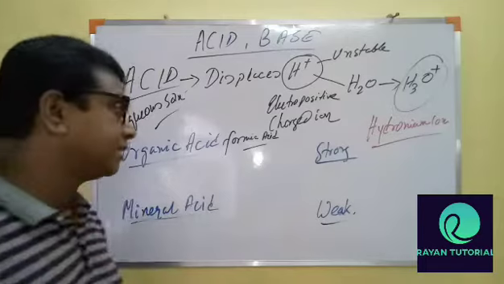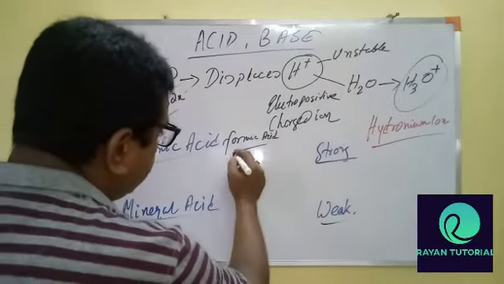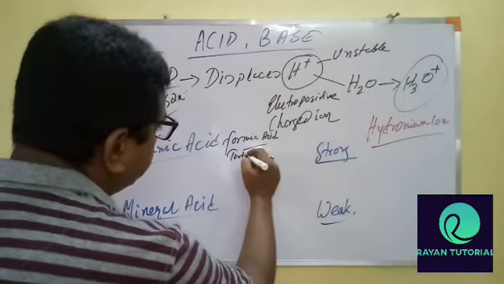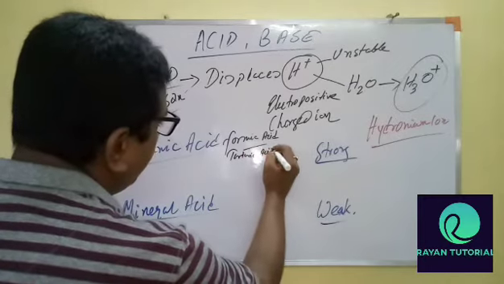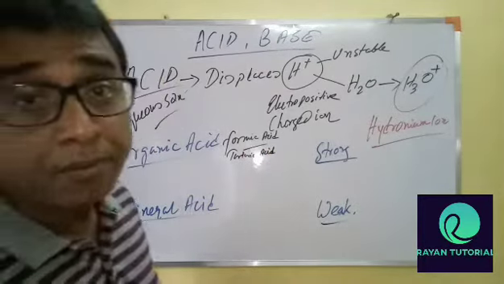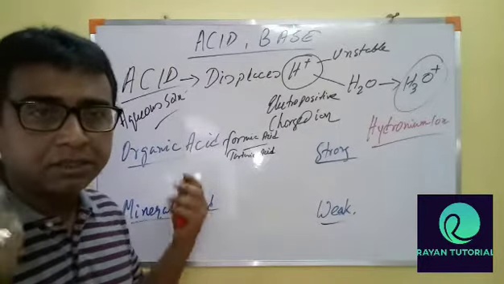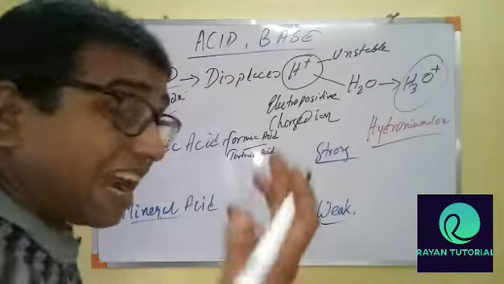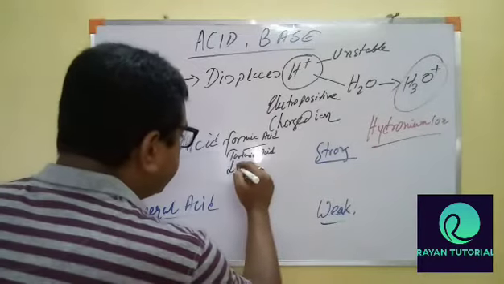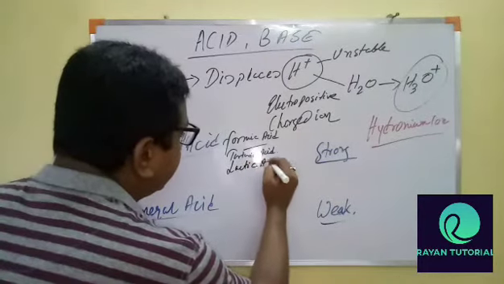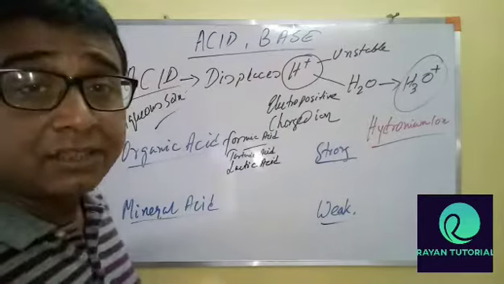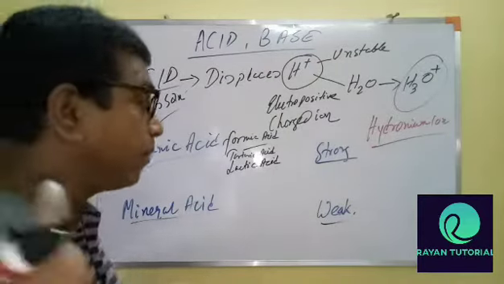Then tartaric acid, from the tamarind tree, the imli. Then lactic acid, which we get in sour milk.